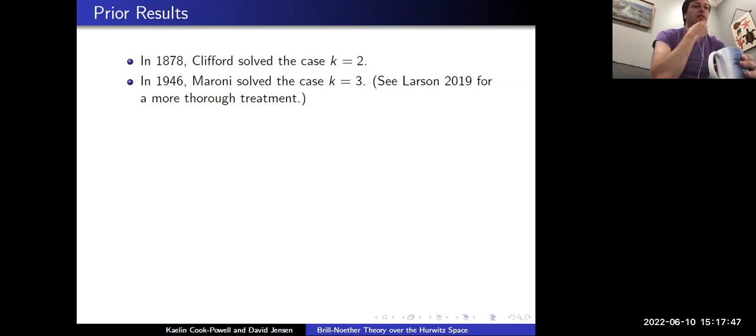In the 40s, Moroni essentially solved this problem for the case of trigonal curves. Moroni has an interesting story, maybe I won't get into today. But if you want to understand the Brill-Noether theory of every single trigonal curve that's out there, there's a recent paper by Hannah Larson that completely describes the Brill-Noether loci for all trigonal curves. I think that's the title of the paper, actually.